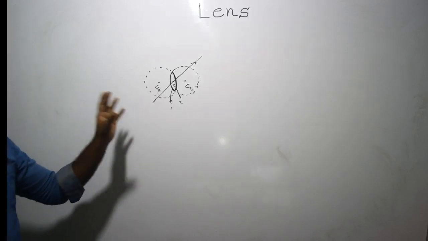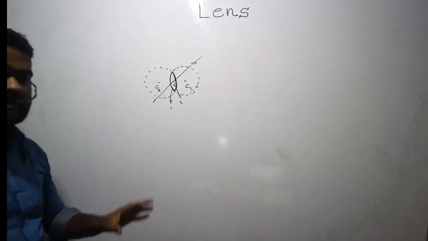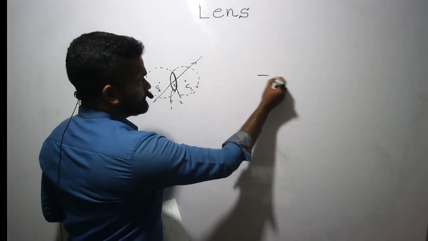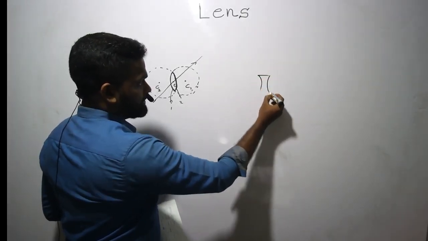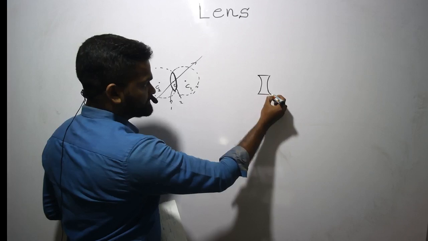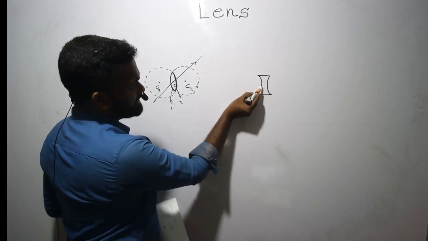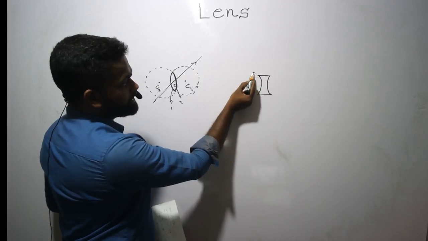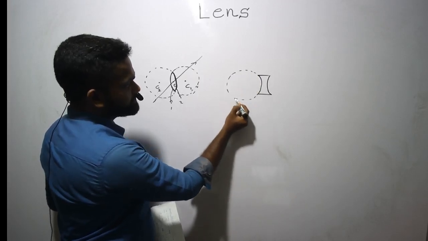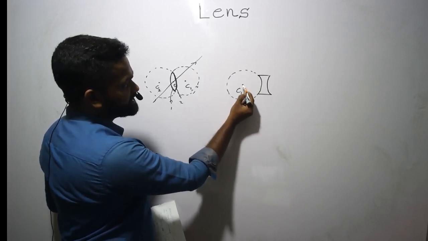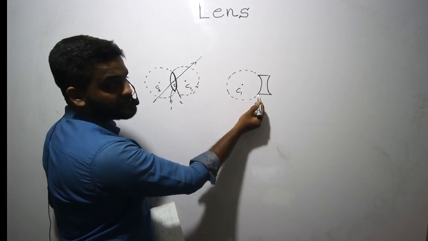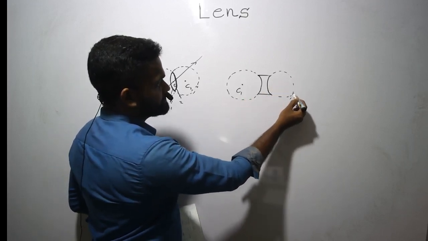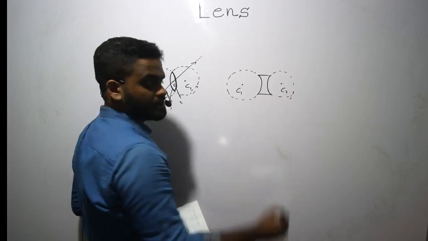Then let's draw this for a concave lens as well for the comparison. Okay. So you have this concave lens. Then extend this surface. This is the first surface, this is the second surface. Extend this surface. Now you have to understand that C1 is here because it is the first surface. Then for the second surface, it is C2, right?